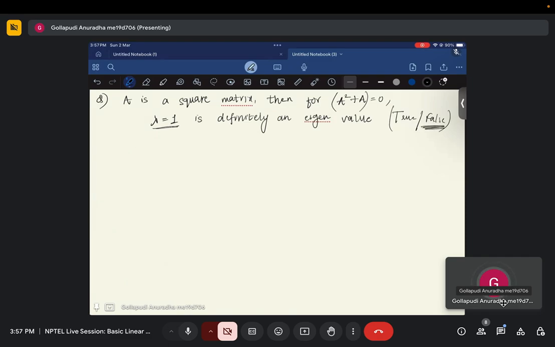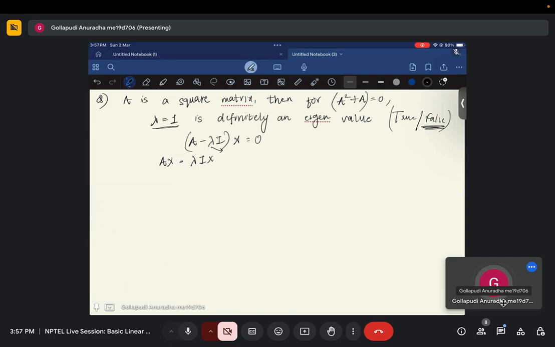Okay, so let's see this. So A minus lambda I. So we can write it in this form, right? Lambda is an eigenvalue means I can write it as Ax is equal to lambda I x, right?